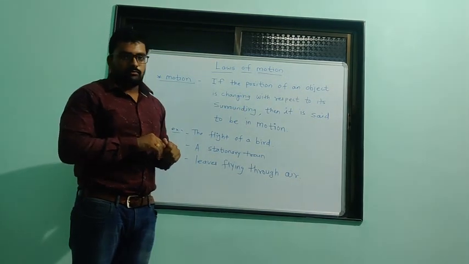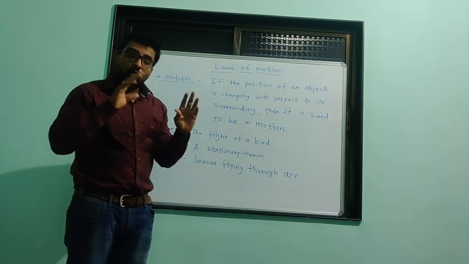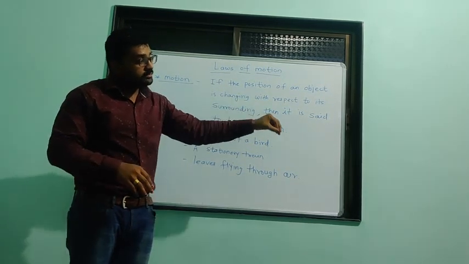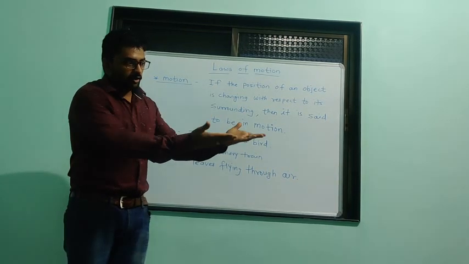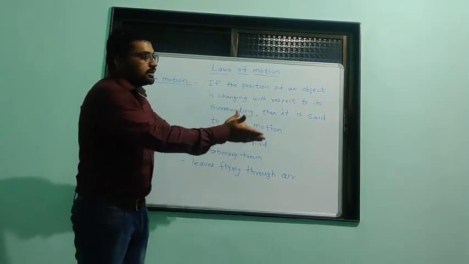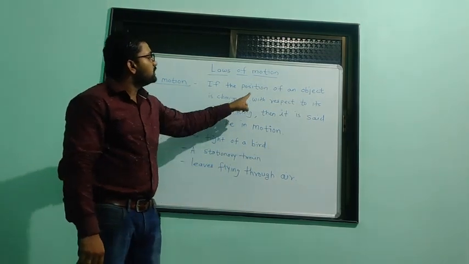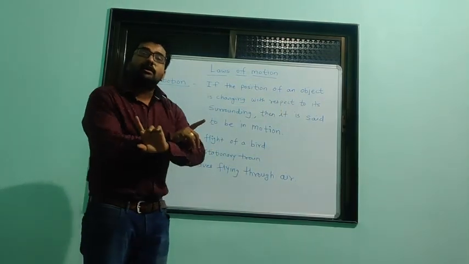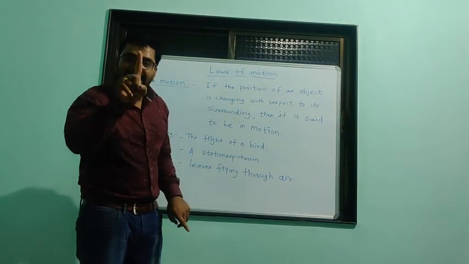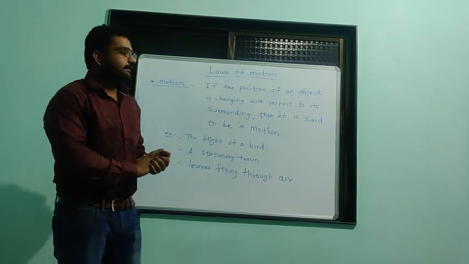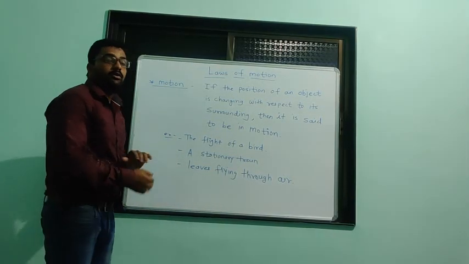Its position is fixed throughout the day. The position is not changed with respect to us. We can't observe any change in the position of that stone. Then such an object, whose position is not changed, we can call to be in rest position. Now we have to consider some examples where motion happens or not.